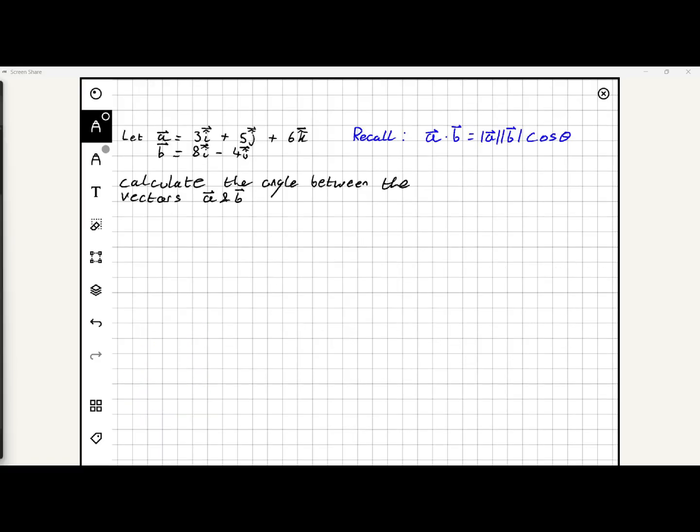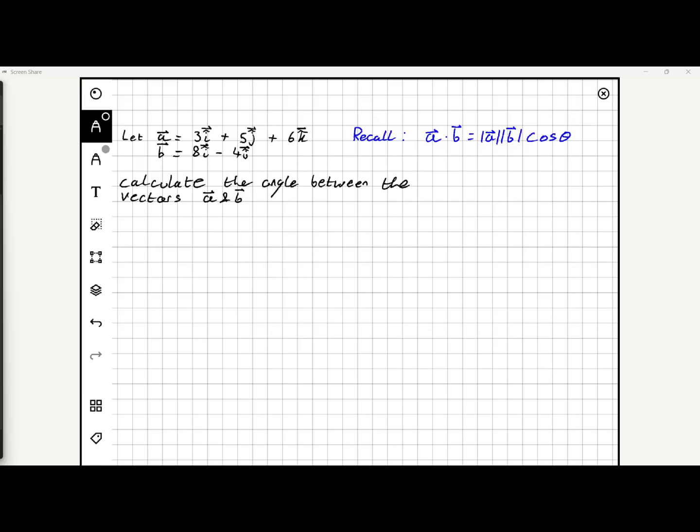Okay, so here we have another question where it says let A equal 3i plus 5j plus 6k and B equal 8i minus 4j. It asks us to calculate the angle between the vectors A and B. Now, as you can see in the top right, I've asked you to recall the equation A dot B equals the magnitude of A times the magnitude of B multiplied by the cosine of the angle between them.